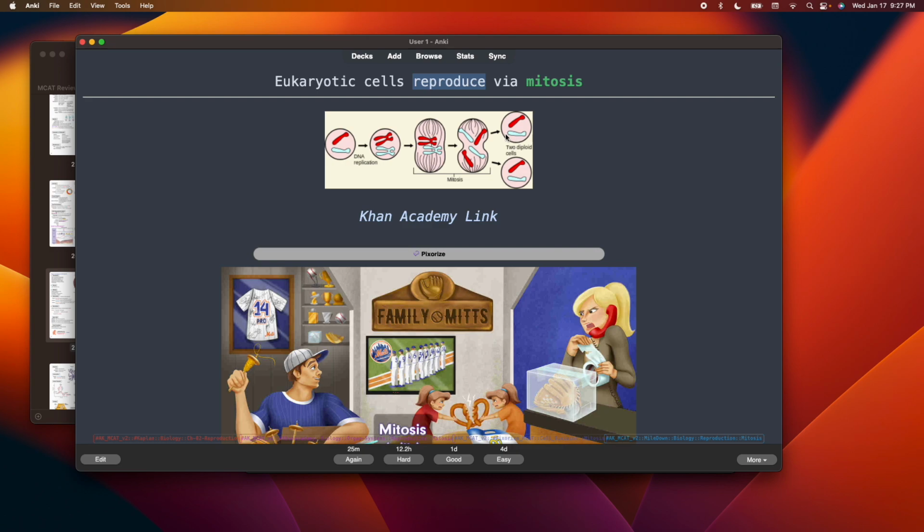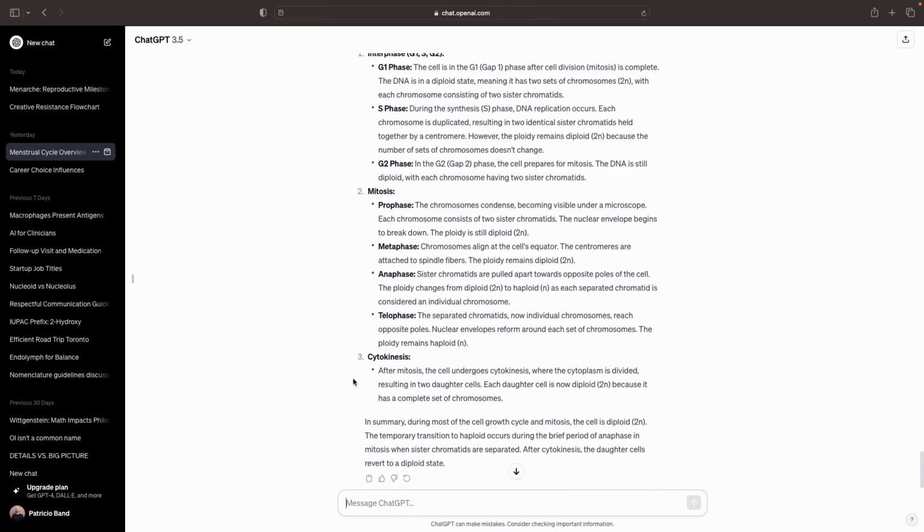See, the only place that it is haploid is in anaphase, right? And telophase as well. But when the cytokinesis happens, it is back to diploid.